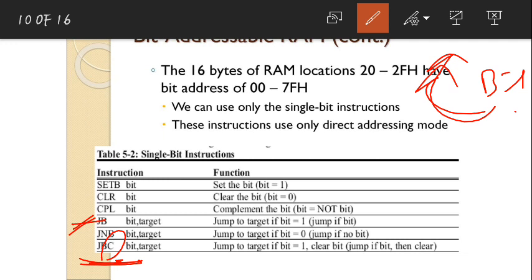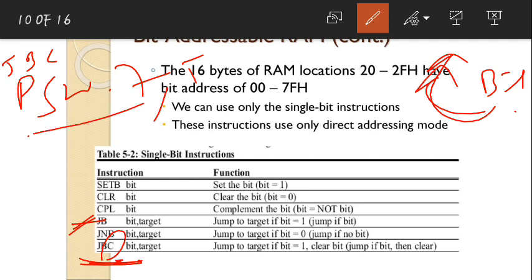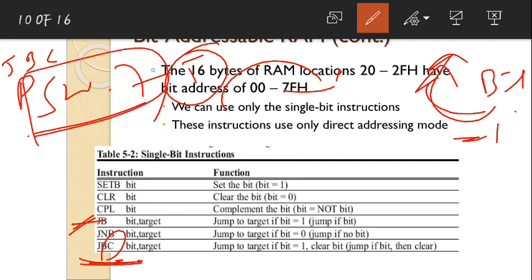Okay, take PSW dot 7, the carry bit. If you write JBC PSW dot 7 and some target address, and PSW dot 7 is equal to 1, it will jump to the target address, and it will also clear this bit, because before it was 1, and now it will be equal to 0.